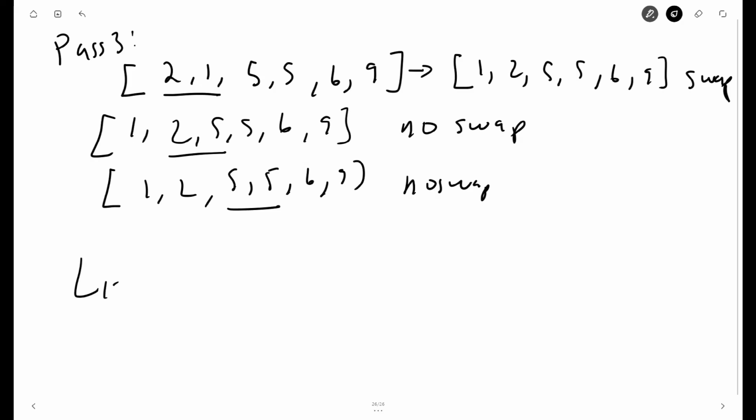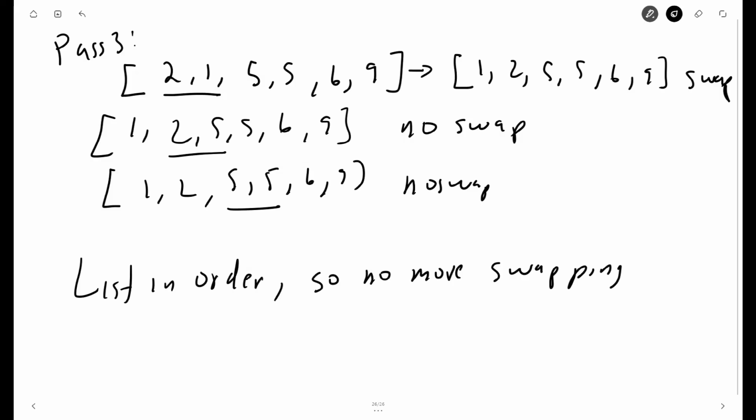So the list is in order. No more swapping, so we can say done.